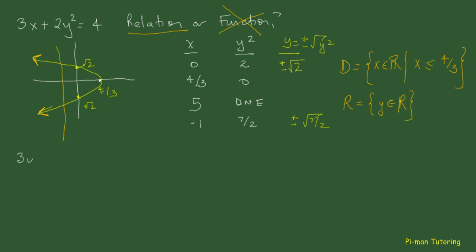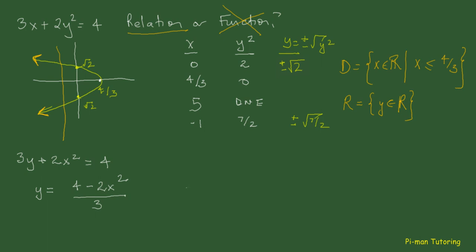So we'll end up with 3y plus 2x squared is equal to 4. And now if we rearrange that, we can get y is equal to 4 minus 2x squared, all divided by 3.